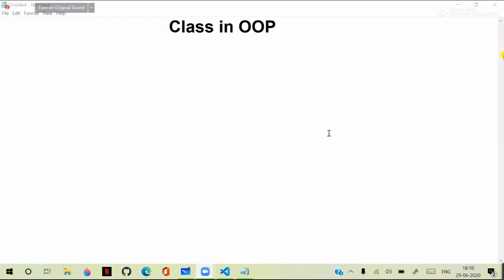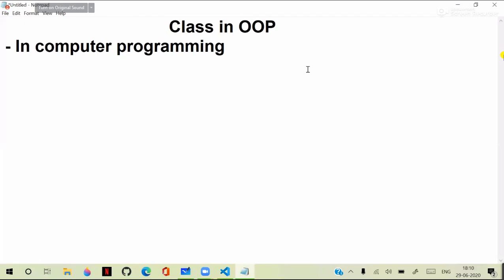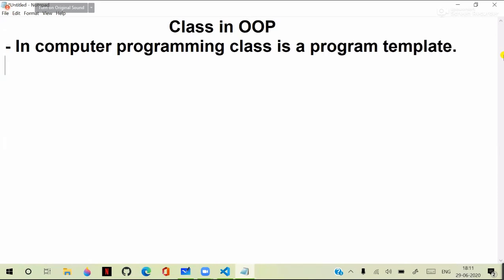Actually, how do you define a class? In computer programming, a class is a program template.